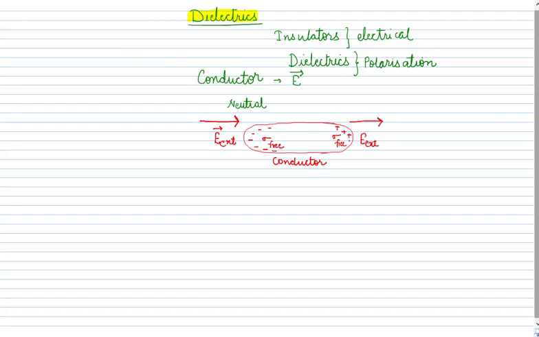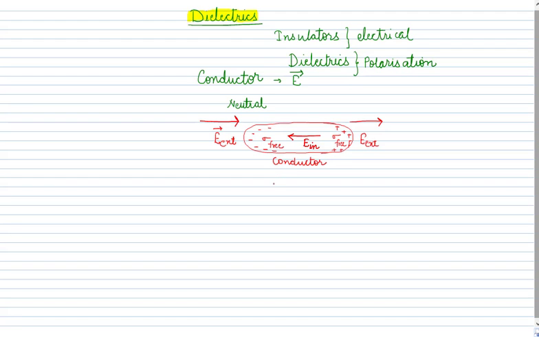All these positive and negative free charge carriers produce an induced field in such a way that the induced field is in the opposite direction of the externally applied electric field. So this is the electric field induced due to the presence of these free charge carriers, and it opposes the external applied field.